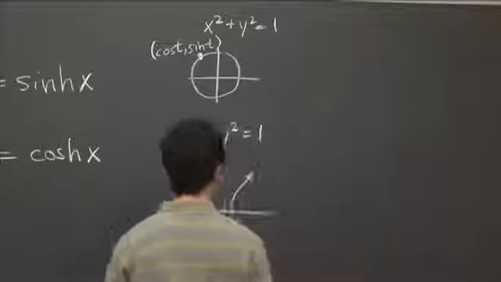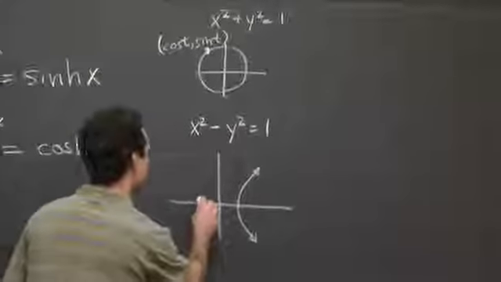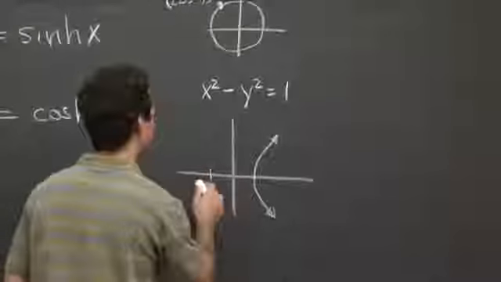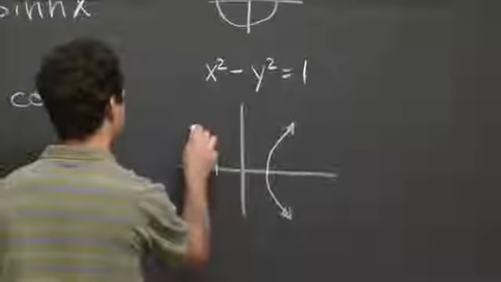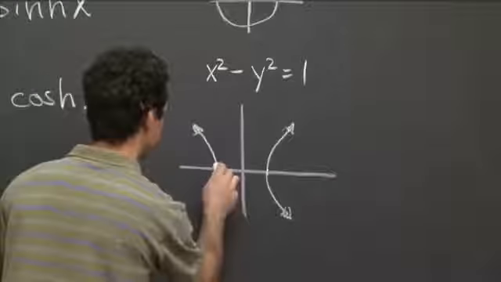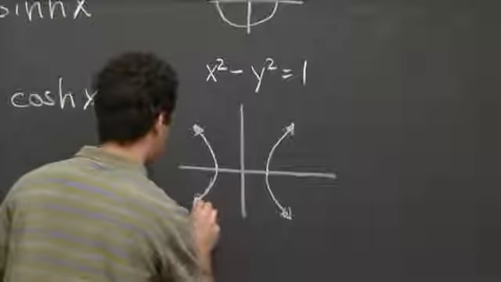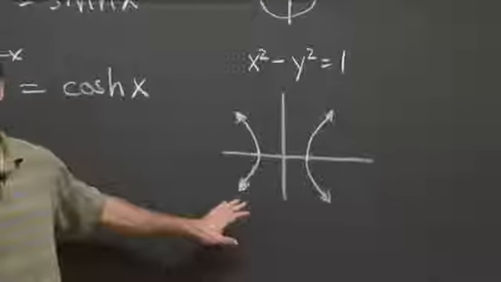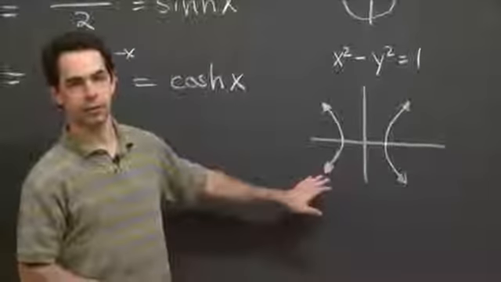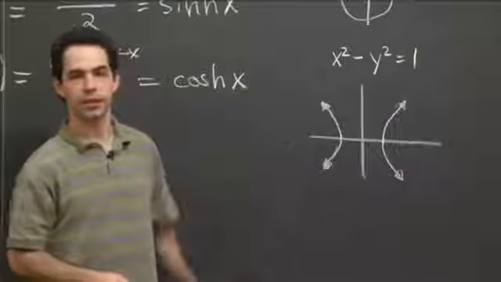So it's got a right branch like that, and also it's symmetric across the y-axis. So there's a symmetric left branch here. So this is the graph of the equation x squared minus y squared equals 1. So it's this hyperbola.